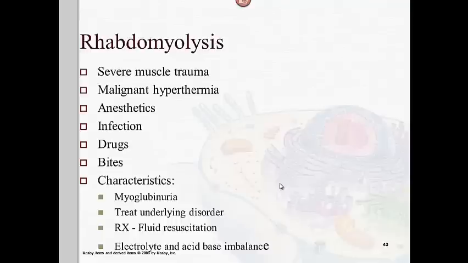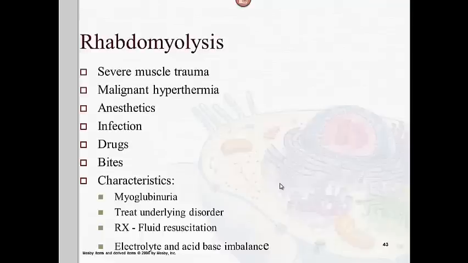Diagnosis of rhabdomyolysis basically is due to high levels of myoglobin and the prior history that is reliable. LDH is elevated. On the EKG, because of high elevation of potassium, you could have peaked T waves, broadening of the QRS.